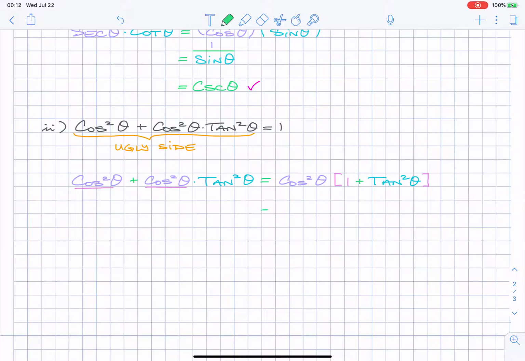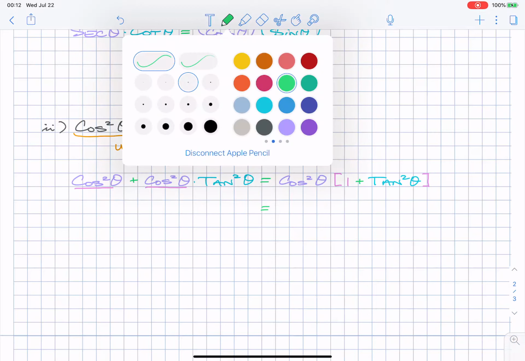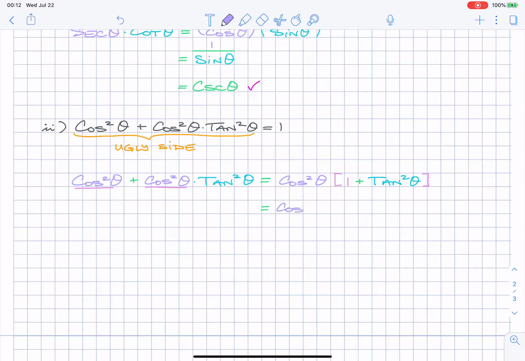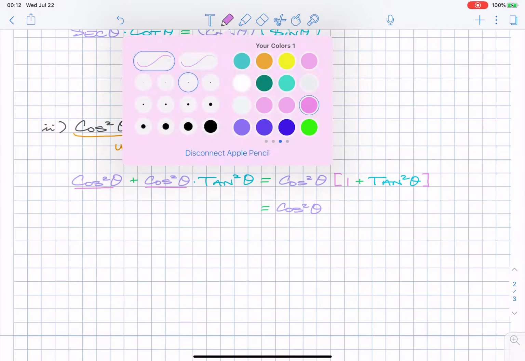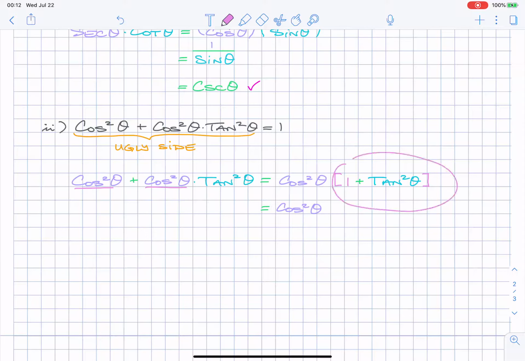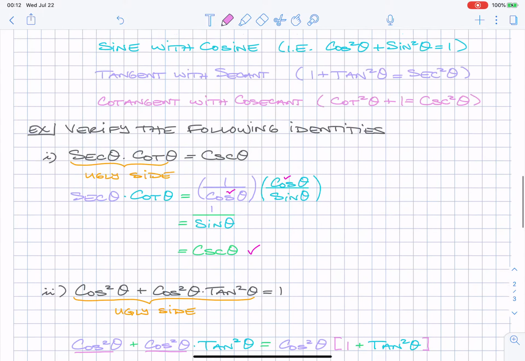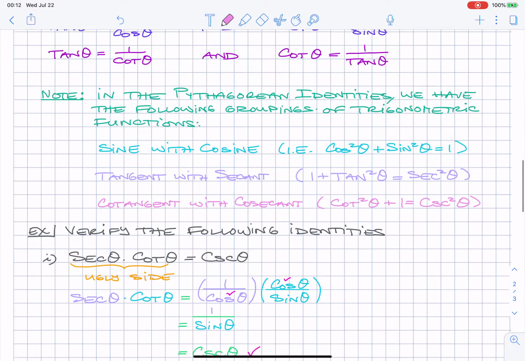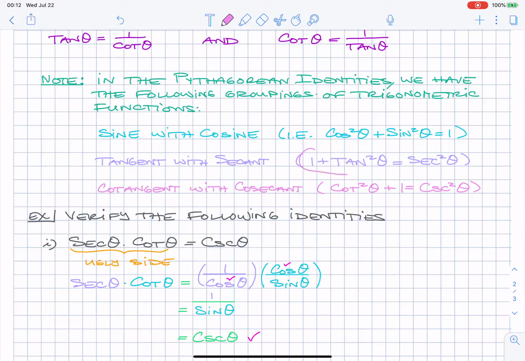Well, that's interesting. So I have cosine squared theta, and now I've got this bracketed remark, 1 plus tangent squared theta. Okay, well, let's go back to my, oh, look. 1 plus tangent squared theta is a Pythagorean identity.